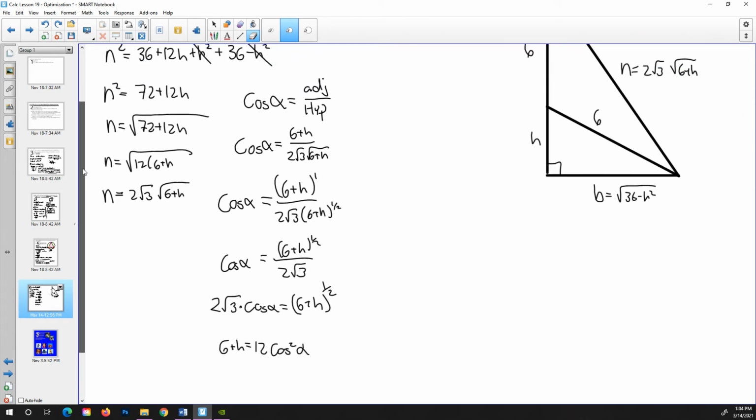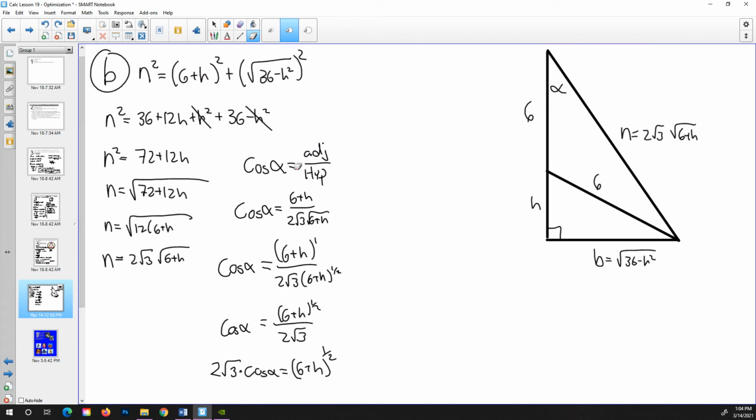I can come back up to here and again rewrite. Now again, I'm trying to cancel out my h's, so I need a second version of this expression with alpha in it. So I'm going to choose tangent. I'm going to say that the tangent of alpha is equal to the opposite side over the adjacent side.